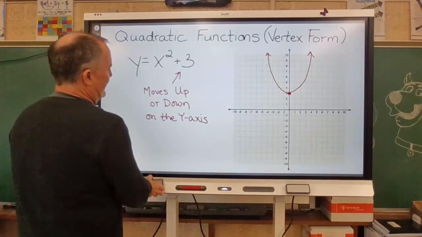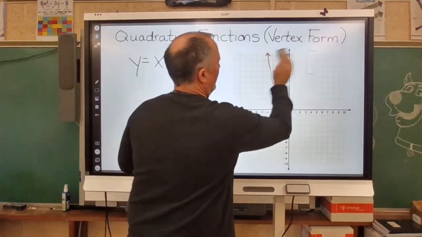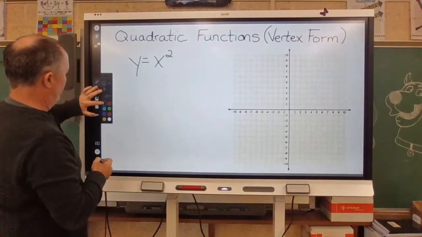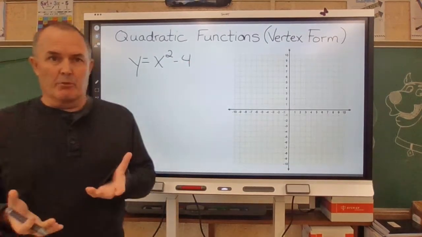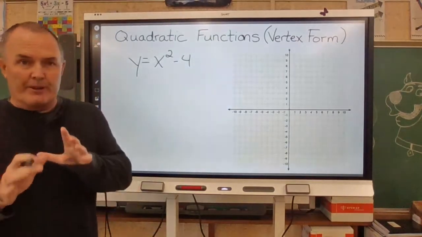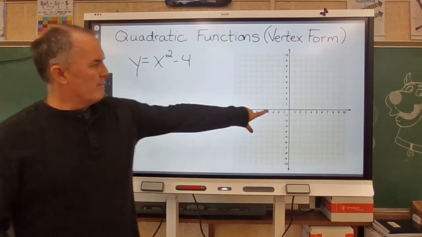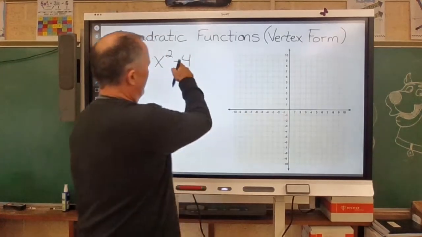All right, and if I was to make this a negative 3 or negative number, it would move down. So if I change this to a negative, say negative 4, same rules apply. We're just going to move down on the y-axis from the original point. So my original origin for the parent function was on the origin 0, 0. Now it's a negative.